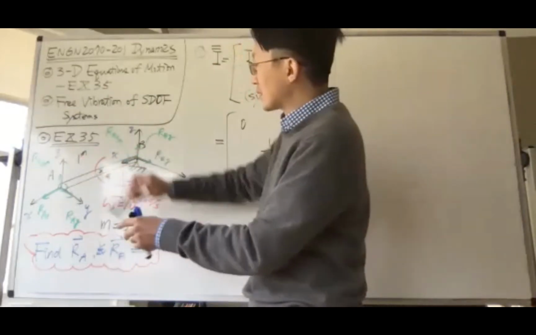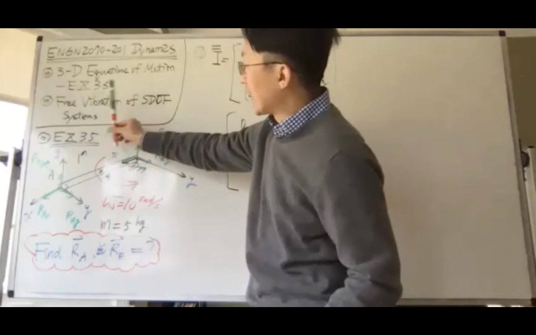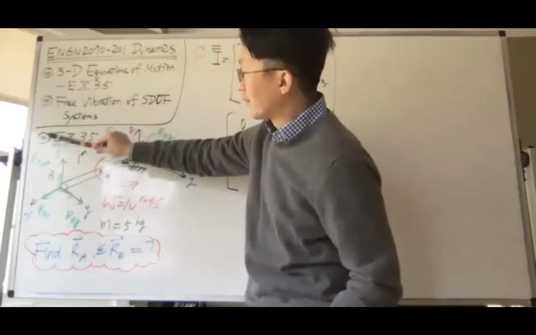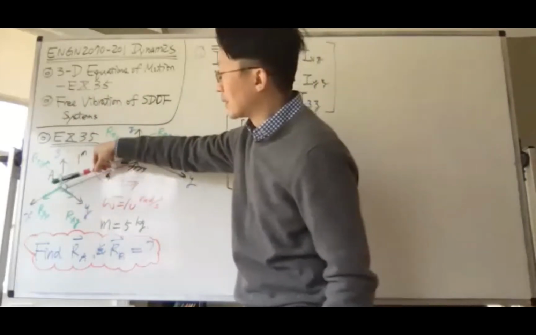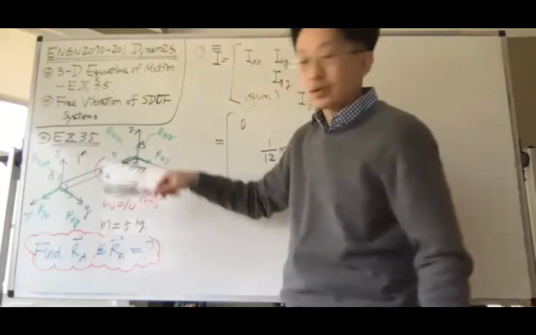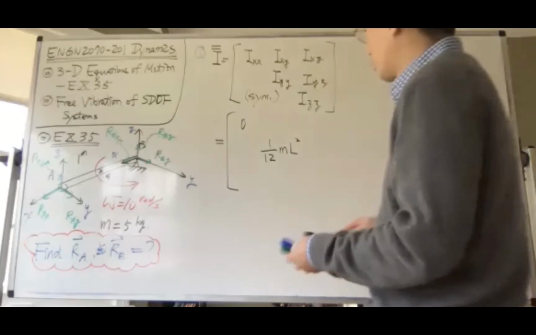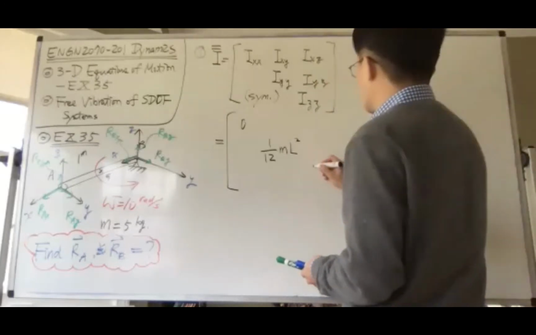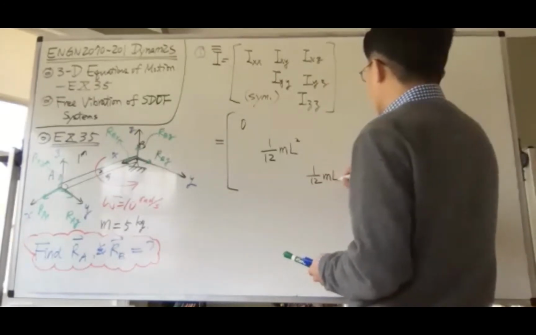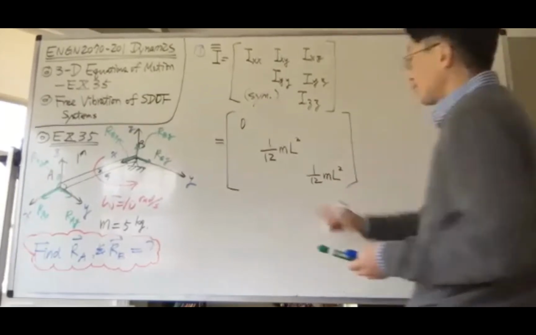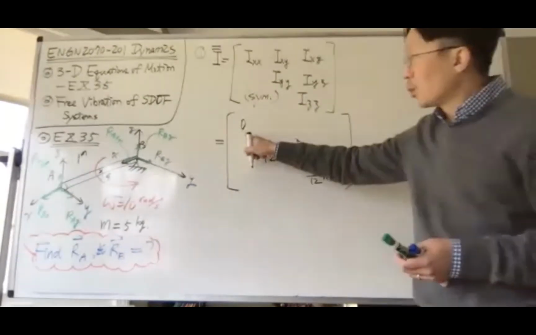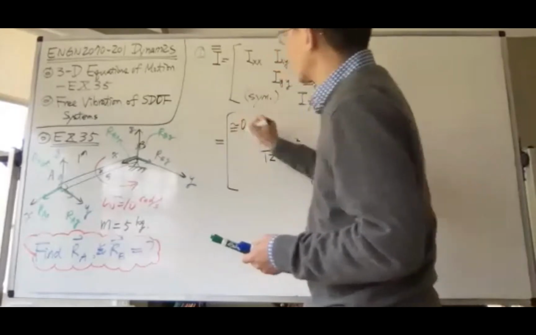IYY means the bar will be rotating on the XZ plane, and IZZ means the bar will be spinning on the XY plane. So they are the same. Therefore, IZZ is nothing but 1/12 ml squared. These two are the same. And this one is so small, so we said it approximates to be 0.